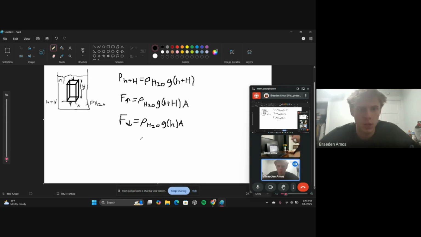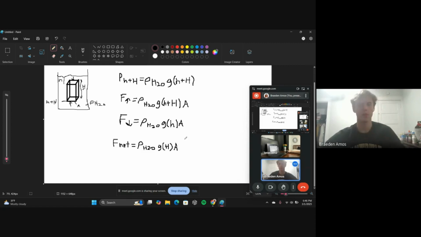All right, so now we can find the net force. So F net is equal to, we're going to subtract these. So then we get density of water times gravity, and when we subtract these, all we're left with is big H times area.